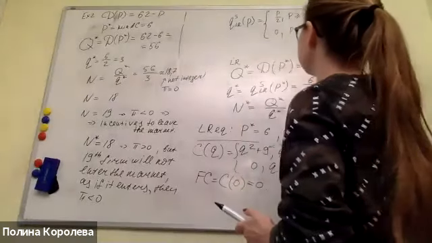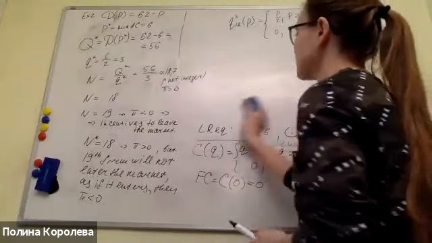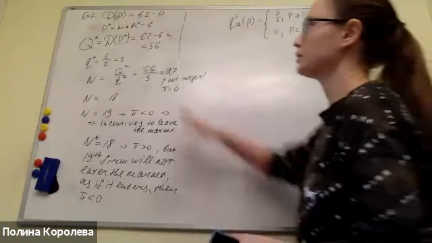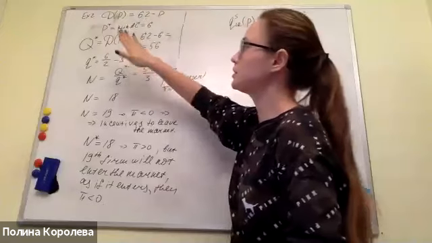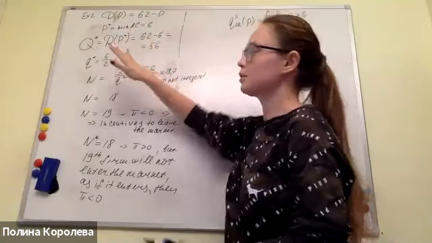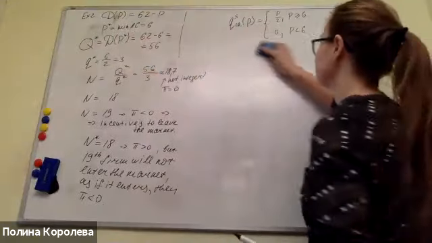But then we should recalculate all our things: quantity, price, and how much one firm will sell.